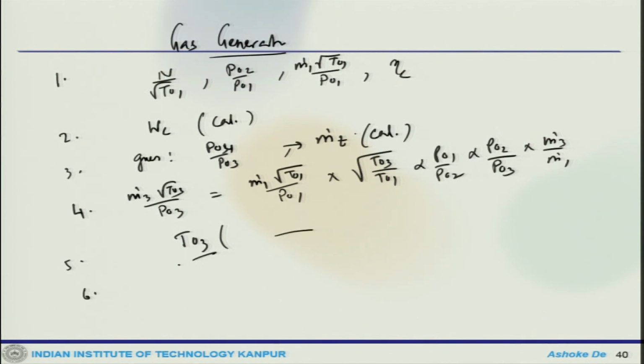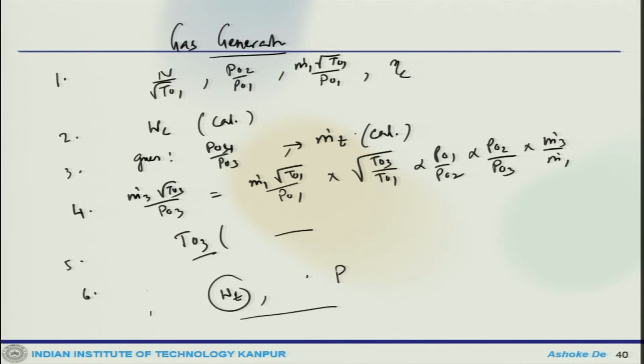Then finally, we can match the temperature ratio and find out the other steps to follow, which we have already shown, to find the output of the turbine power, as we have done, and the total power. So, essentially this is how the mapping is done.